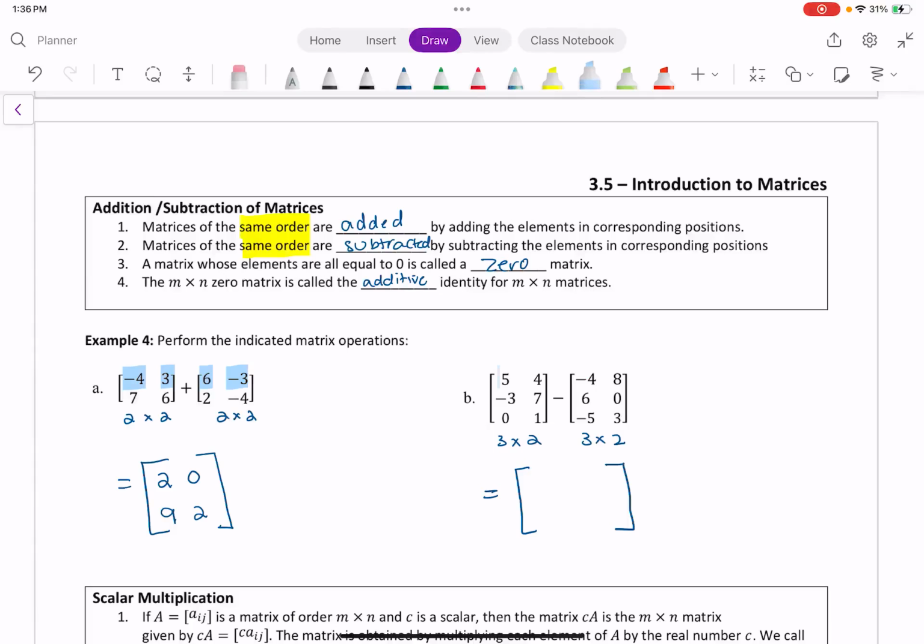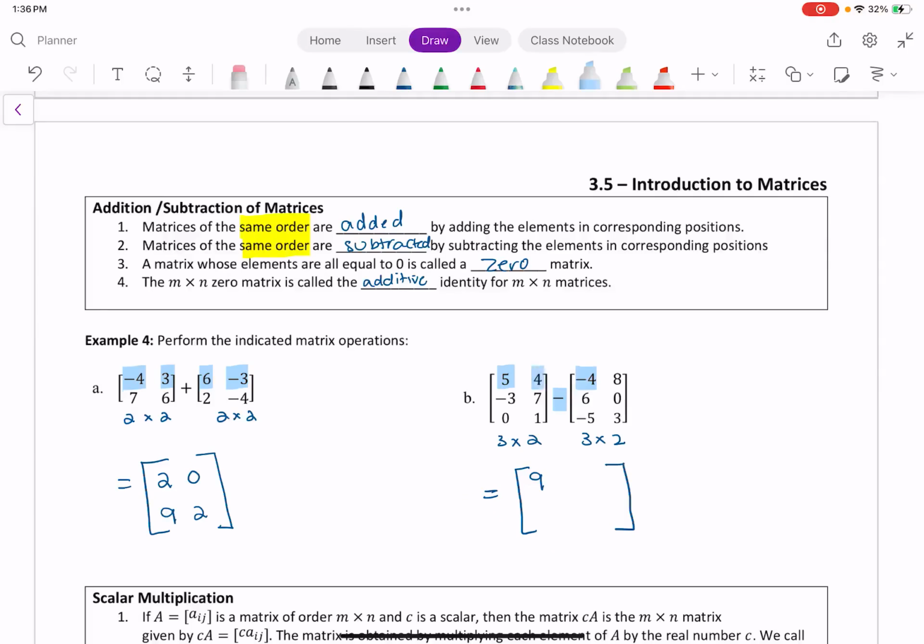Let's do it. 5 minus -4, that is a negative and a negative, which is positive. 5 plus 4 is 9. Don't forget your minus in between every operation.